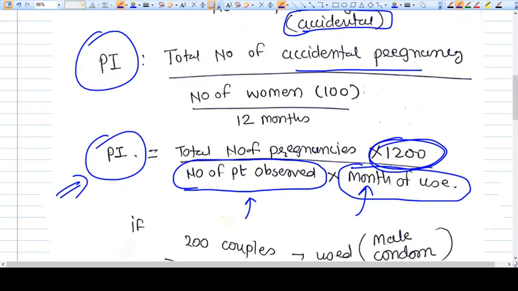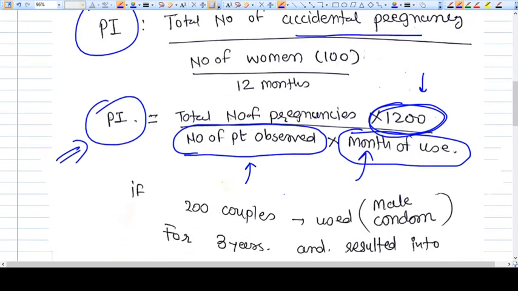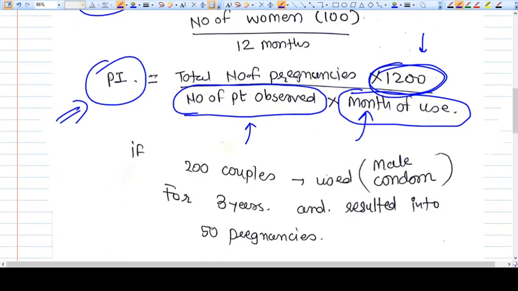So that's why this 1200 has come. Don't go into that mathematics, just remember what the Pearl index is: number of accidental pregnancies into 1200 divided by number of patients observed and months of use.